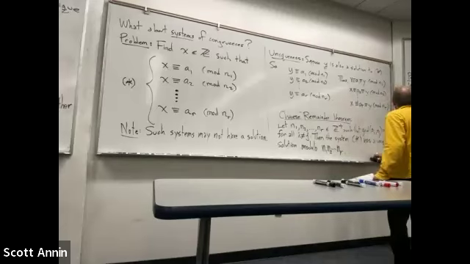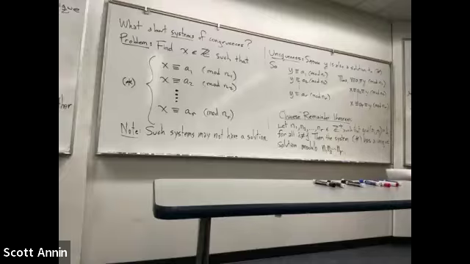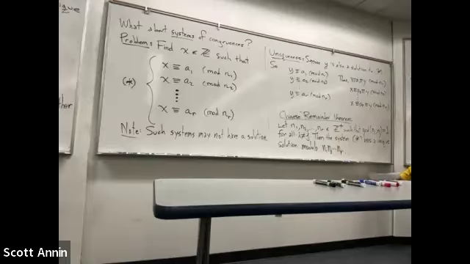I don't want to erase my statement yet, so let's just come over here. Well, if we subtract x and y, n1 divides x minus y, and n2 divides x minus y. I'm rewriting it as a divisibility condition.